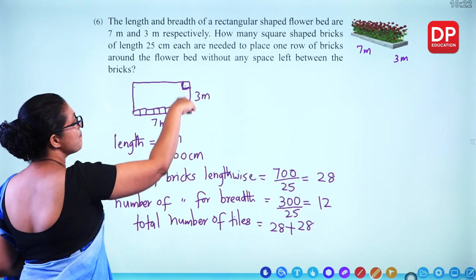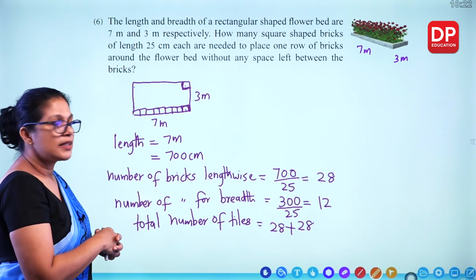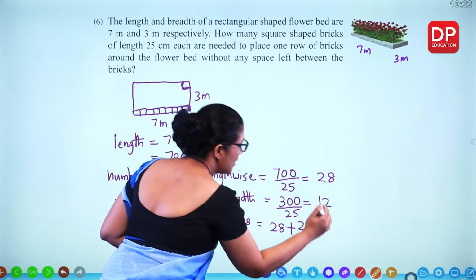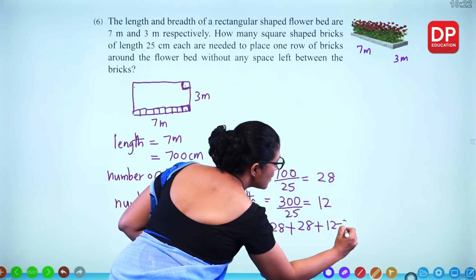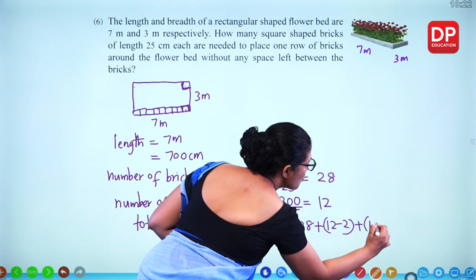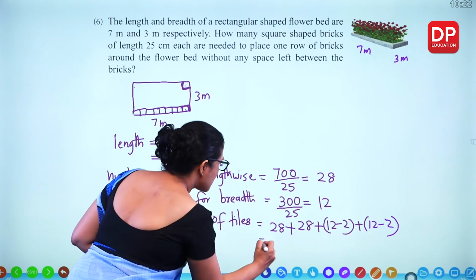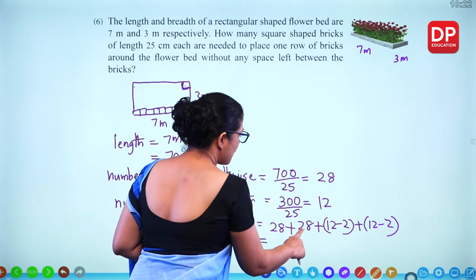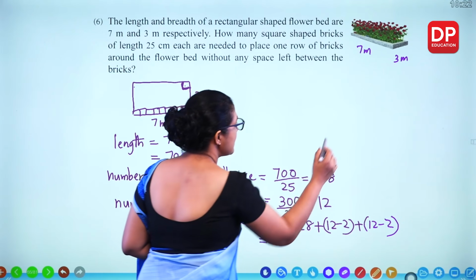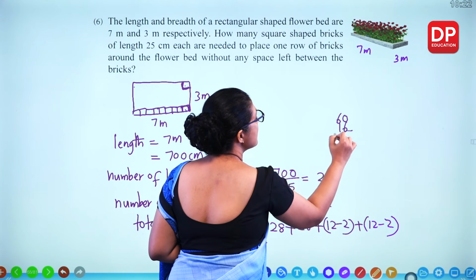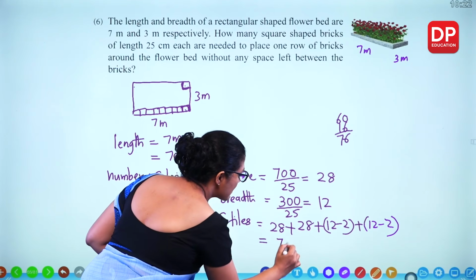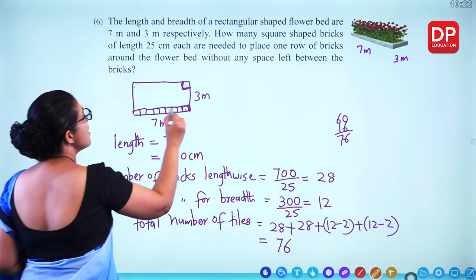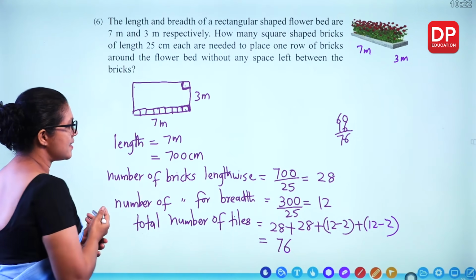And here you have to subtract 2 from here, 2 from there. So actual one is 20 minus 2 and 20 minus 2 there. What's the total? 10, 10, 20, 30, 40, 50, 60, 60 plus 16. You get 76 altogether. The total number of tiles needed around this is 76.